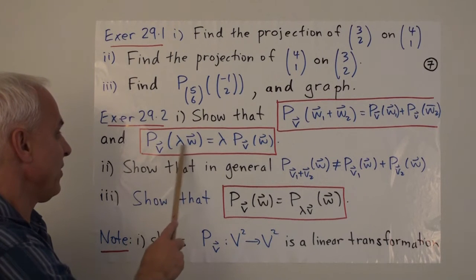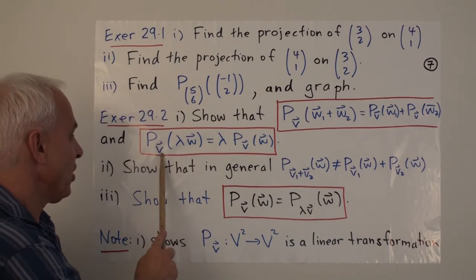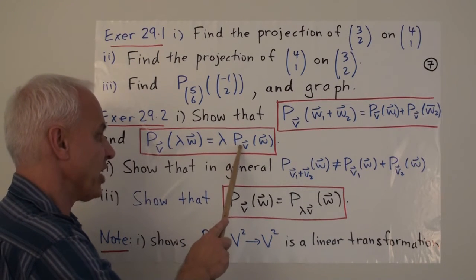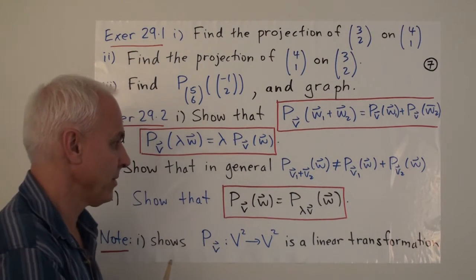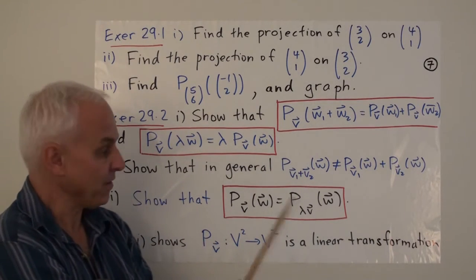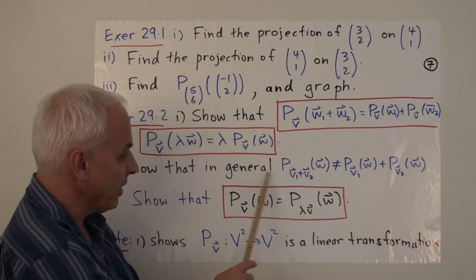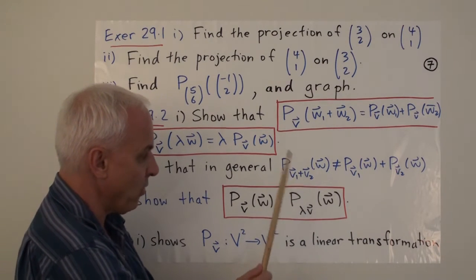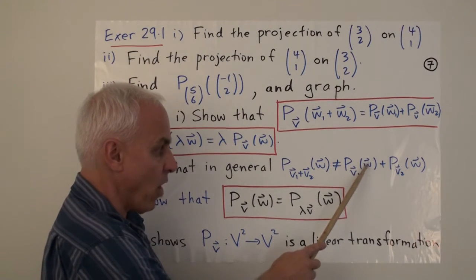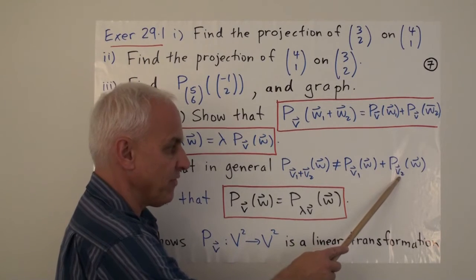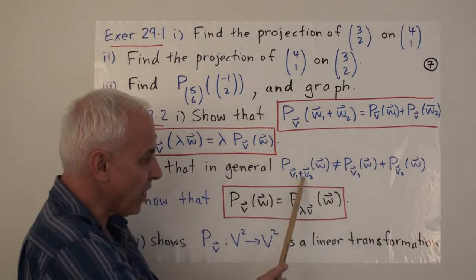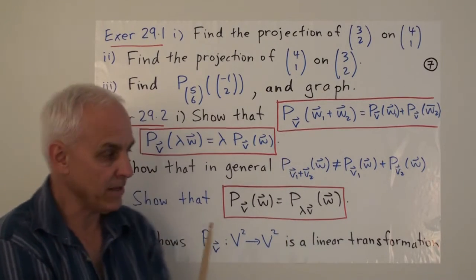And that's also linear in this sense, that the projection onto V of lambda times W is lambda times the projection onto V of W. So also show that if you reverse the roles here, that in general, if we take the projection onto V1 plus V2 of W, that's certainly not equal to the projection onto V1 of W plus the projection onto V2 of W. So it's linear in this argument, but it's not linear in the vector V here.